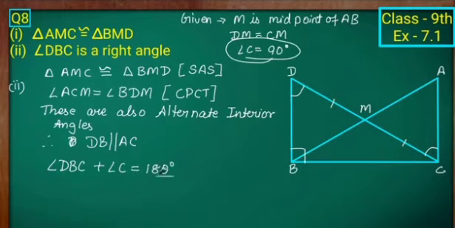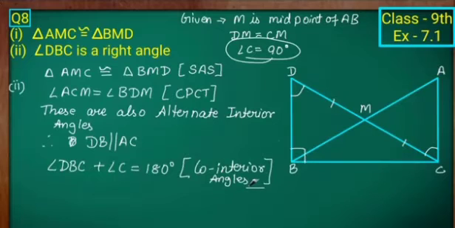So just mention that angle DBC plus angle C equal to 180 degrees. Consecutive angles, otherwise co-interior angles, sum to 180 degrees. From this step, you can find the value of angle DBC.